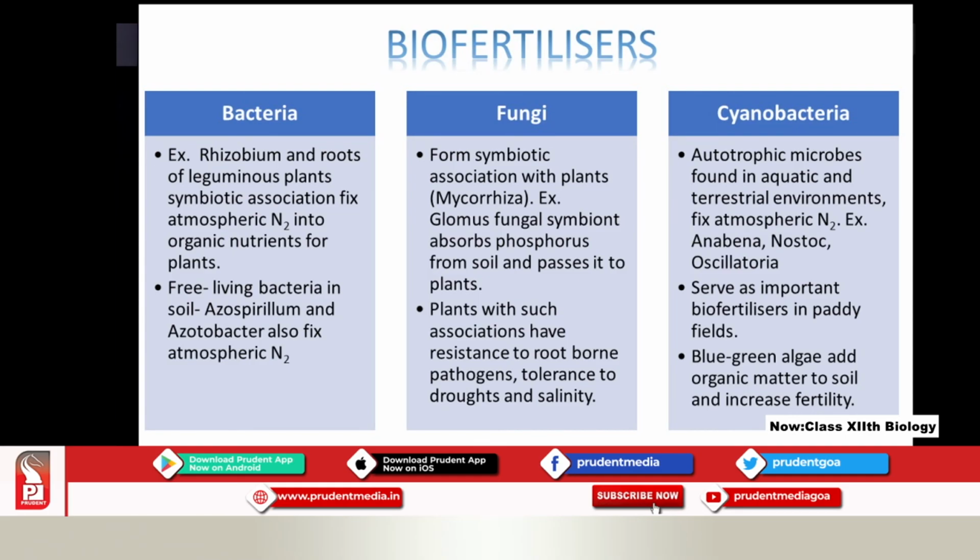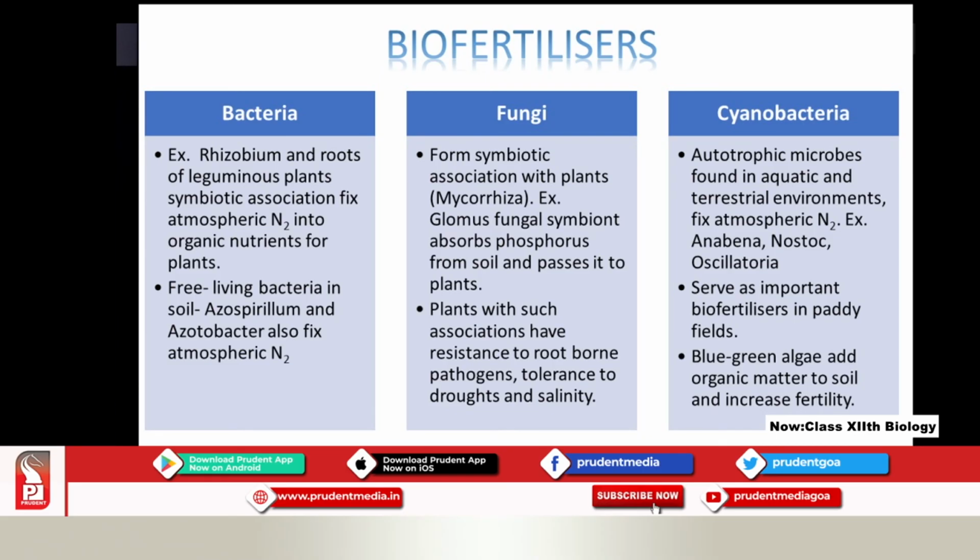There are also free living bacteria in soil, Azospirillum and Azotobacter, which also fix atmospheric nitrogen. This question has been asked in the Goa CET. Remember these 2 things: Azospirillum and Azotobacter both fix nitrogen and are free living in the soil, whereas Rhizobium is present on the roots of the leguminous plant.